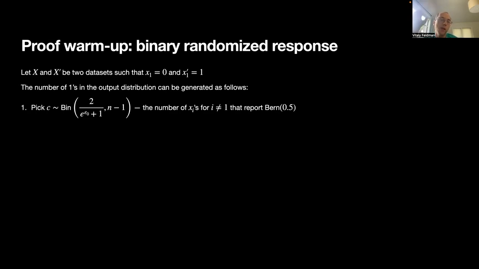The way we'll be thinking of these two data sets is the first element being sort of the unique one, which we're trying to distinguish. We're trying to distinguish what is the value of x1 and x1 prime.